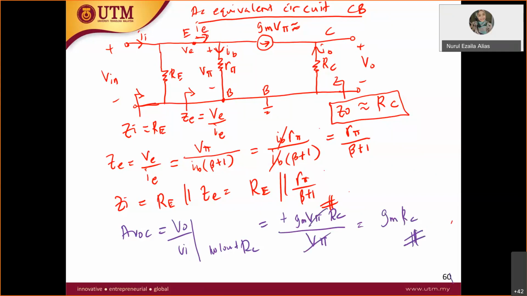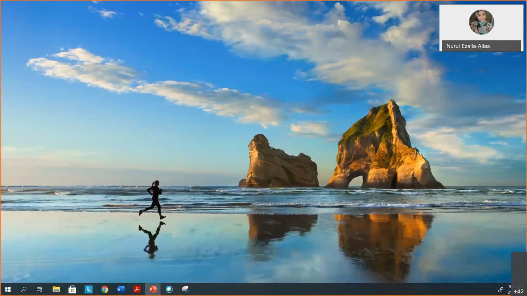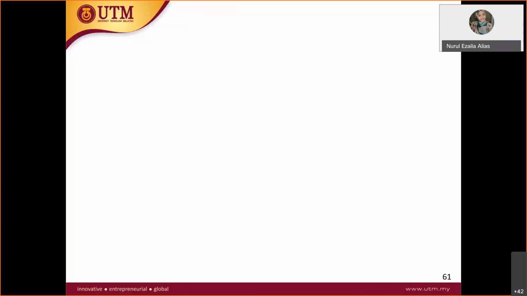Now, all right, let's derive the current gain. For the current gain, AI is equal to I out over I in.